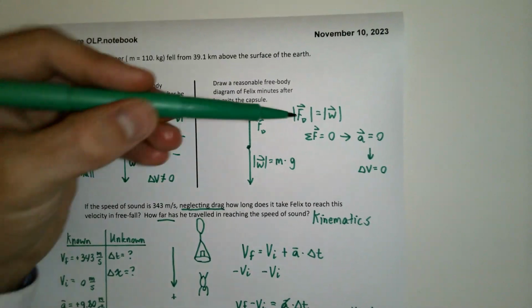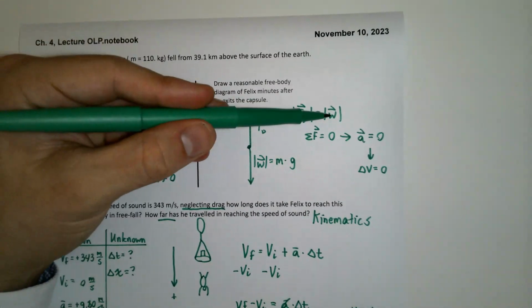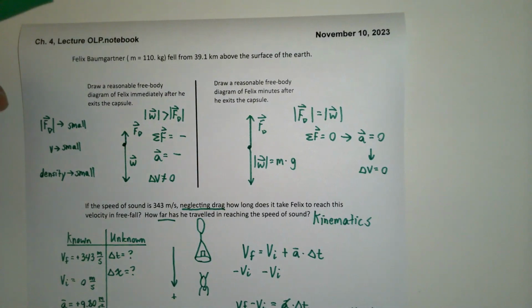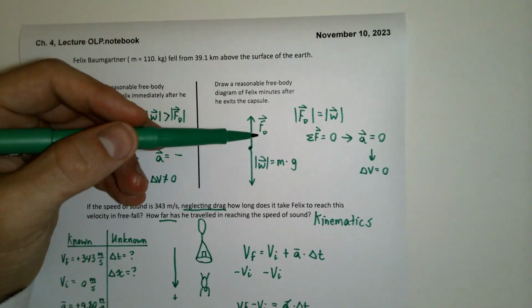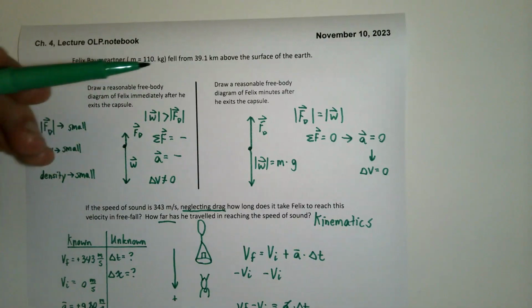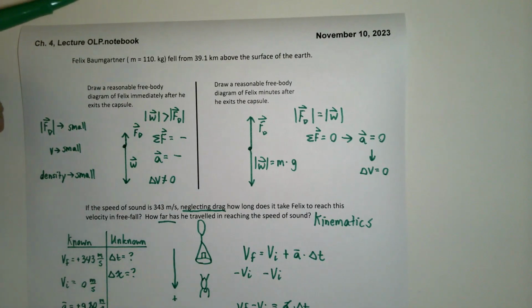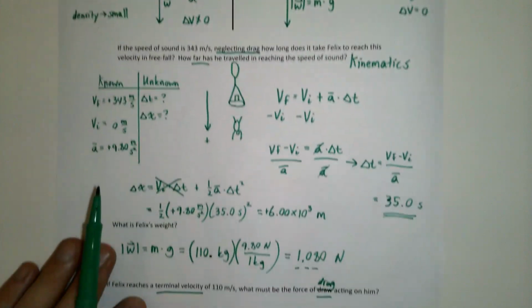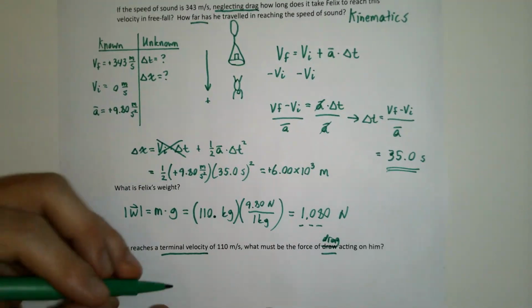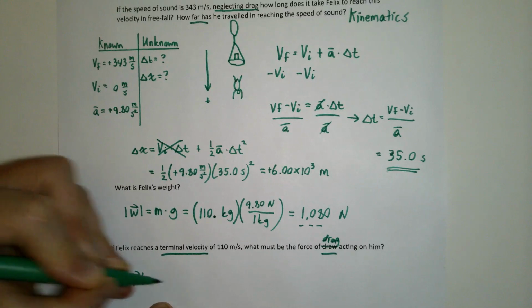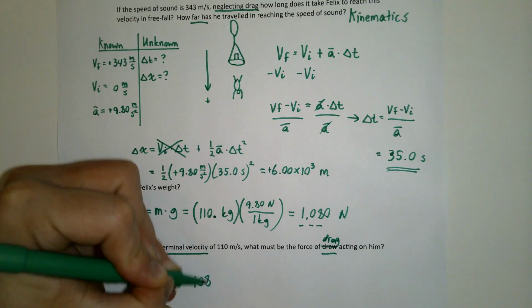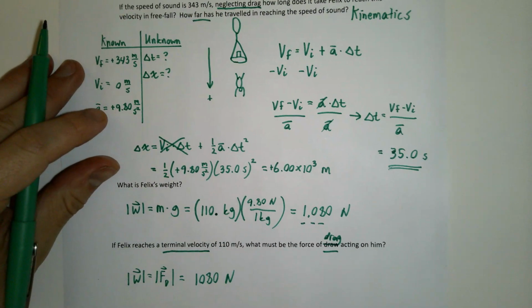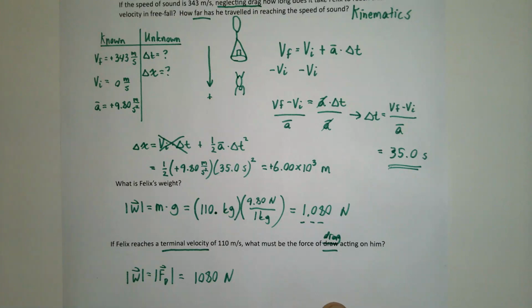We know that the force of drag at terminal velocity is equal to the weight of the object, or that just as much as gravity is pulling on the object, the drag opposing that object's motion is the same magnitude, or opposing it just as strongly. We just found his weight, and by terminal velocity we mean that weight is equivalent to drag. So we know that the force of drag acting on him must have a strength of 1,080 newtons, but in the opposite direction.